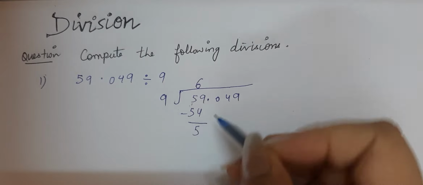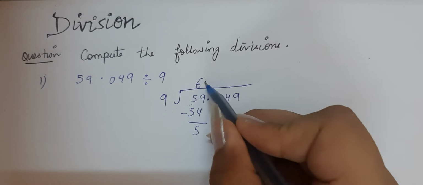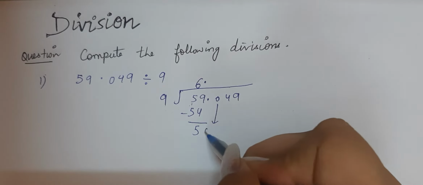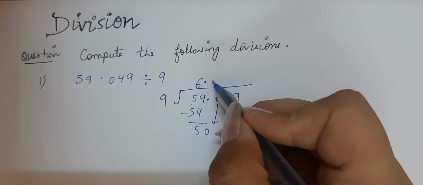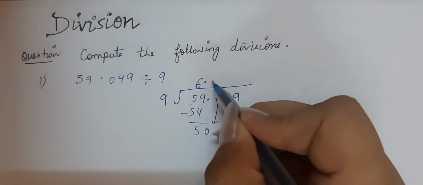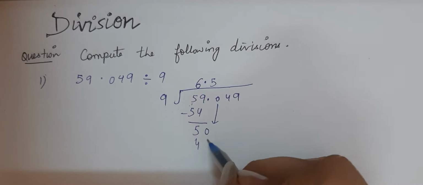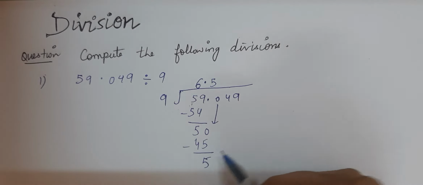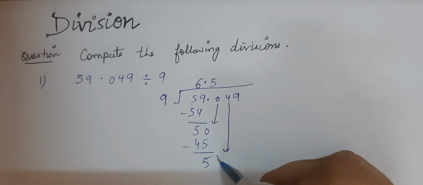5. And there is a decimal point. I will put a decimal here and carry 0. Then the term that will divide 50 will be 5, because 9 times 5 is 45, again 5, then I will carry 54.